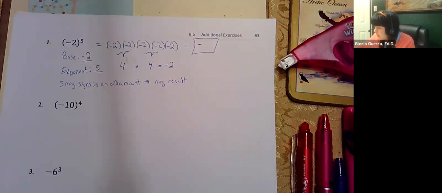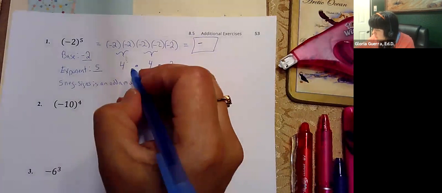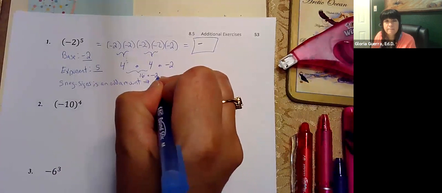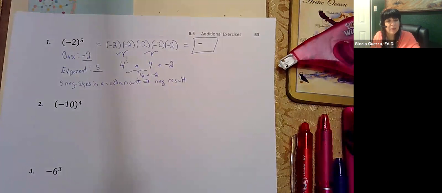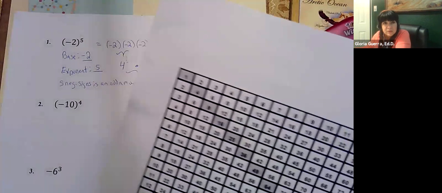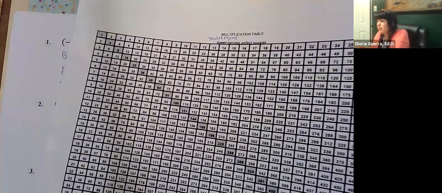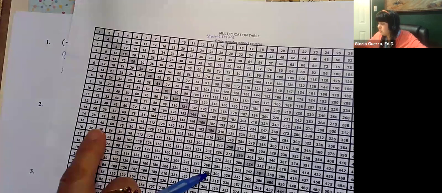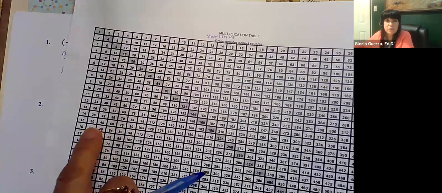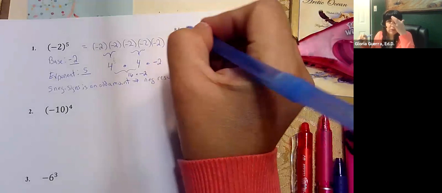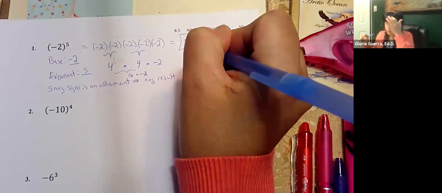And then 4 times 4 is 16, times -2. 16 times 2 is 32, but you've got 16 times -2, so it's going to be -32. Different signs produce negative results.